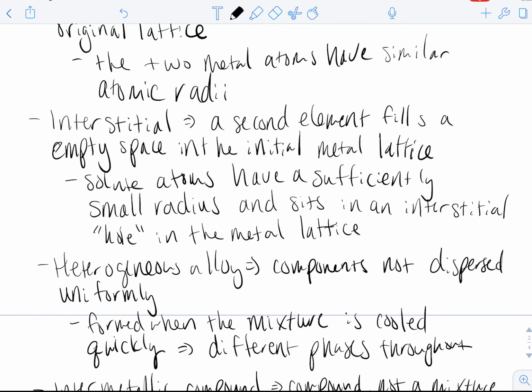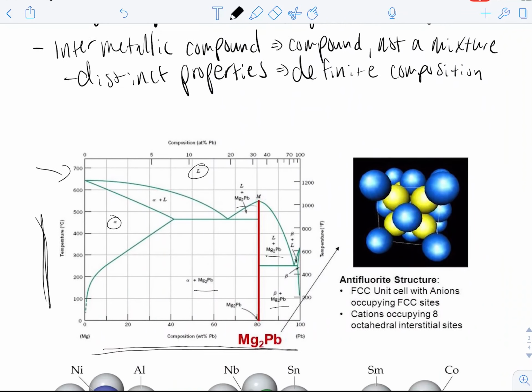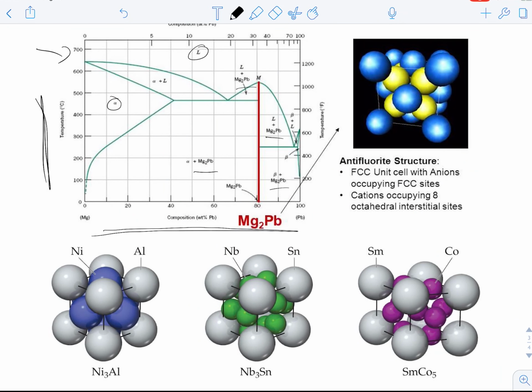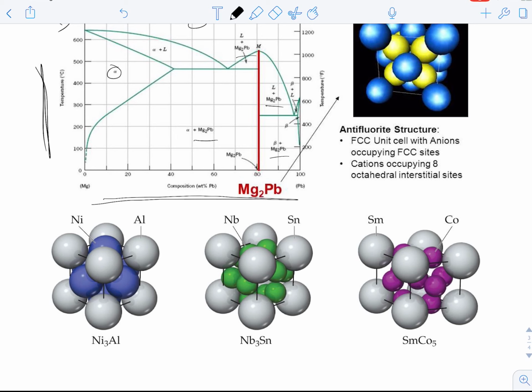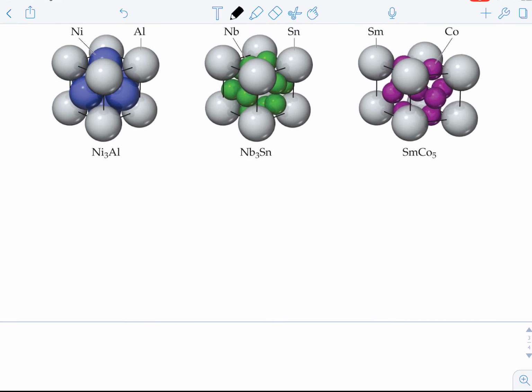Okay, so because this is a compound, they usually are going to have better structural stability and higher melting points than the constituent metals, and when we look at our covalent network compounds, they are a little bit more similar to that. So let's look at our properties. As I said, they'll have better structural stability and higher melting points than the constituent metals.